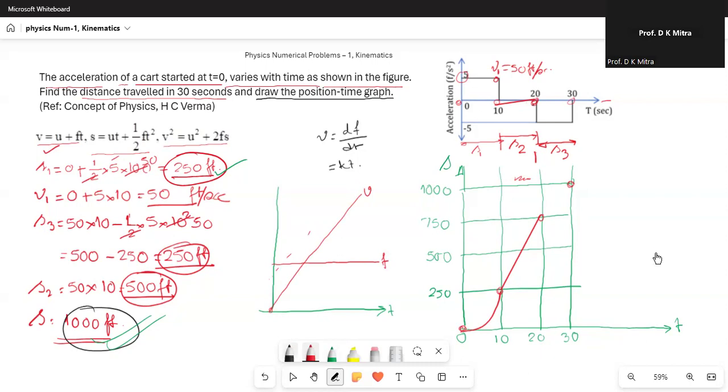Once again, we know that displacement S is equal to the integral of v dt. So if this is the velocity curve, which is actually a y equal to mx plus c curve, c here is 0.